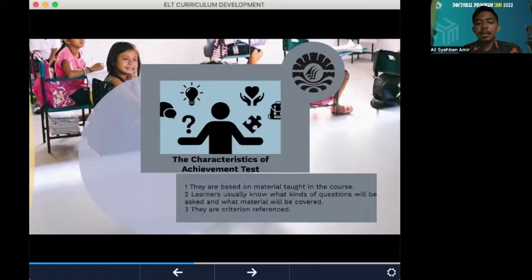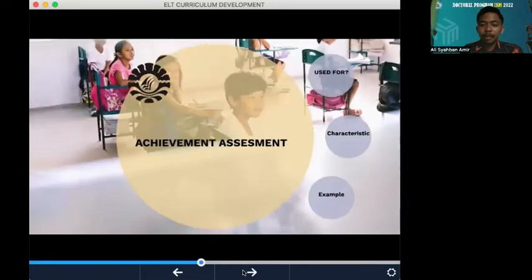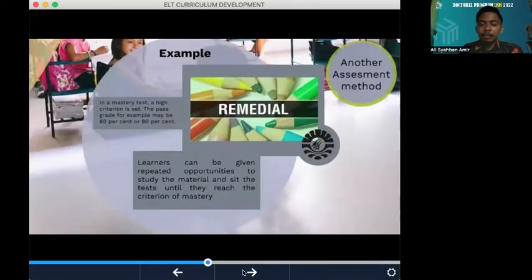It means that there will be a standard or criterion set, which will indicate whether learners have achieved enough to be given a pass for the course. So the learners are not assessed in relation to each other, but in relation to a predetermined criterion. For example, the remedial system in a school.